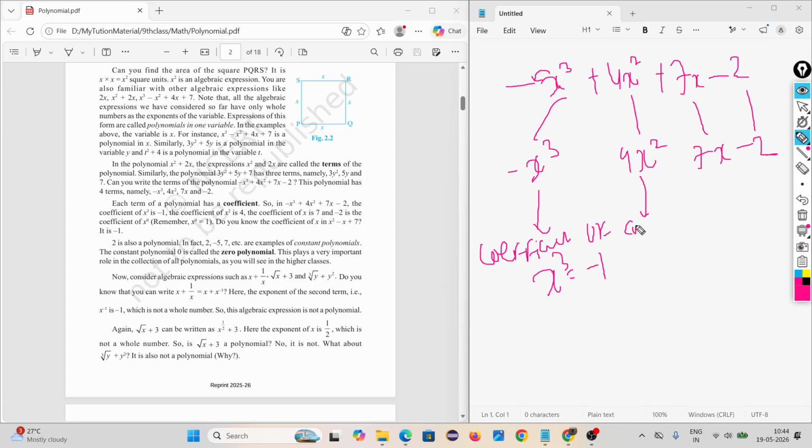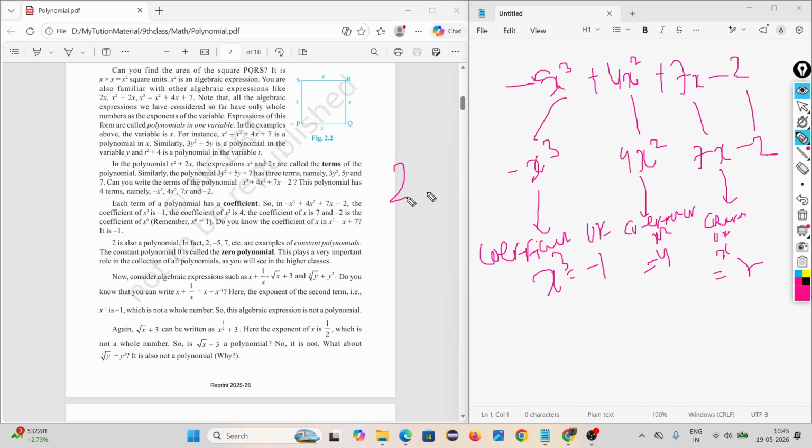What is the coefficient of x square? 4. What is the coefficient of x? 7. Each term of the polynomial has a coefficient. So in minus x cube plus 4x square plus 7x minus 2, the coefficient of x cube is minus 1, of x square is 4, of x is 7, and minus 2 is the coefficient of x power 0.